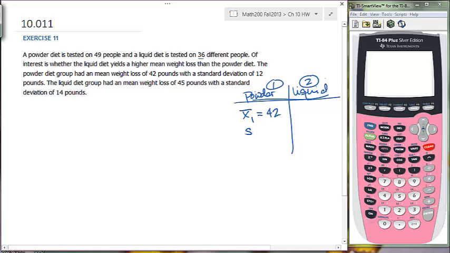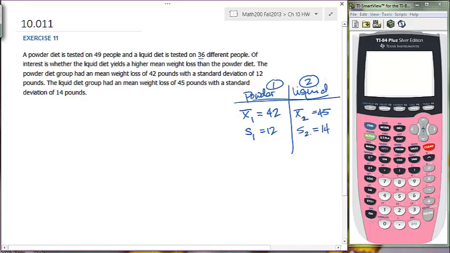So the standard deviation, and remember this is for the first sample, the powder diet sample, is 12. And for liquid diet people, the mean weight loss was 45, so let's call that x2 bar is 45. Our standard deviation for the second sample is 14.